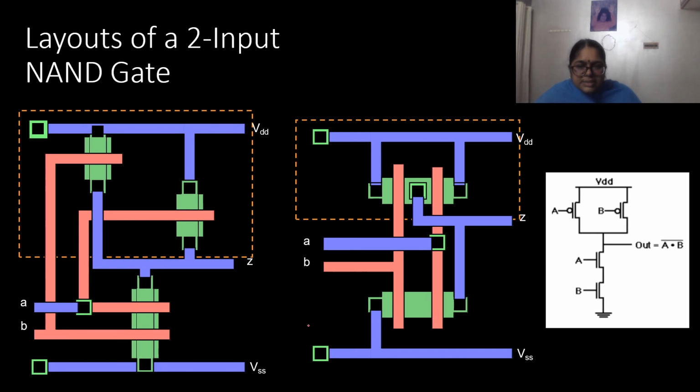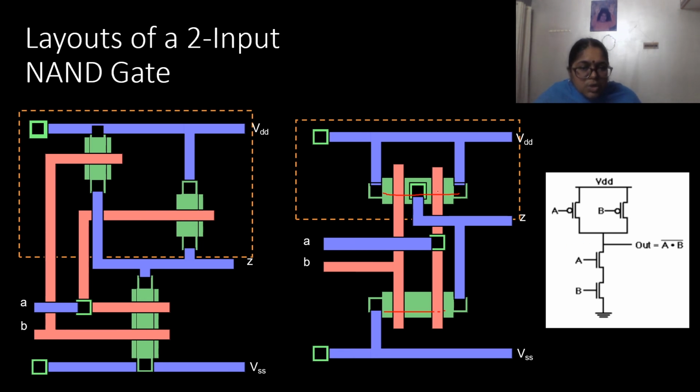Similarly, this is the stick diagram indicating the 2-input NAND gate. We know that in a 2-input NAND gate, 2 NMOS transistors are in series and 2 PMOS transistors are in parallel. So you have P diffusion, N diffusion. P diffusion is placed in the N well, or you can make use of a demarcation line.